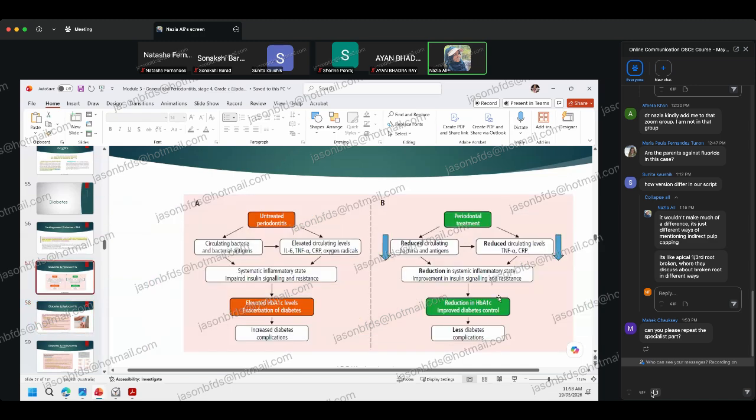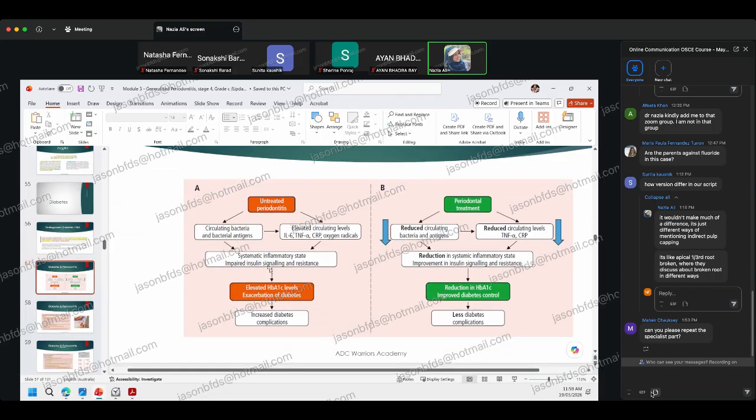insulin resistance. Oftentimes, untreated periodontitis leads to circulating bacteria and also those inflammatory markers. Then it causes inflammation in the body, and that increases insulin resistance. Now, if somebody is also living an unhealthy lifestyle, it triggers diabetes, despite having no family history at all.